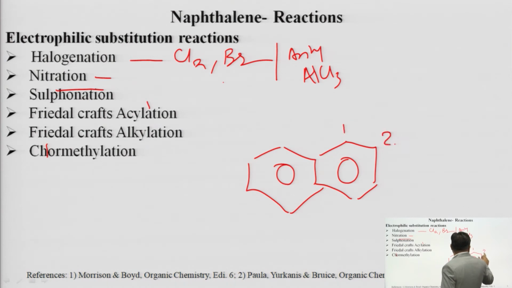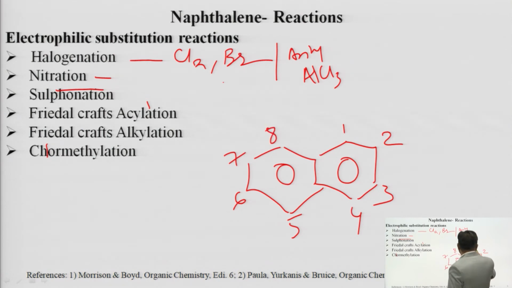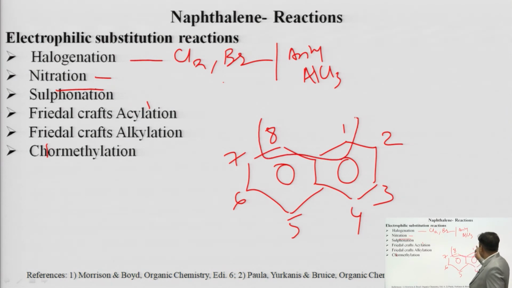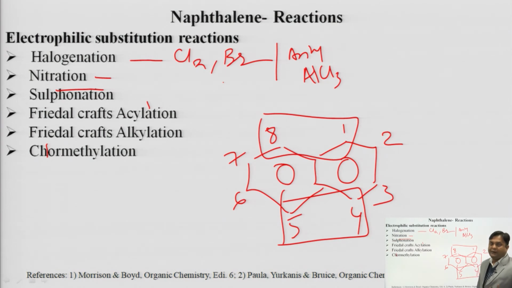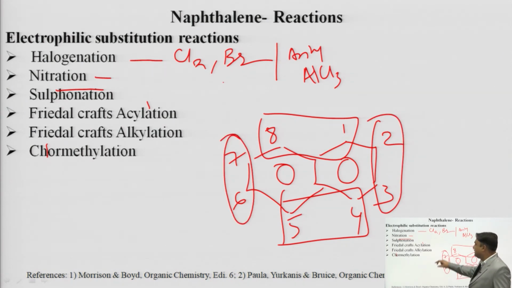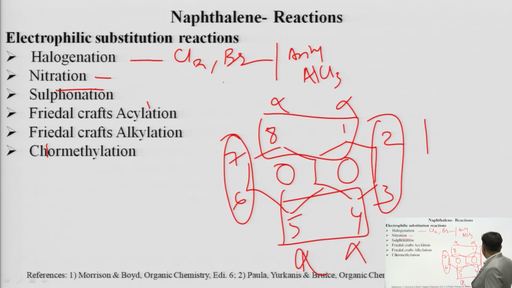This is how we can number it: 1, 2. You can see that these four carbon atoms are equivalent. They are similar in their chemical and physical properties. While these four carbon atoms are similar, these carbon atoms are known as alpha carbons and these carbon atoms are known as beta carbons.